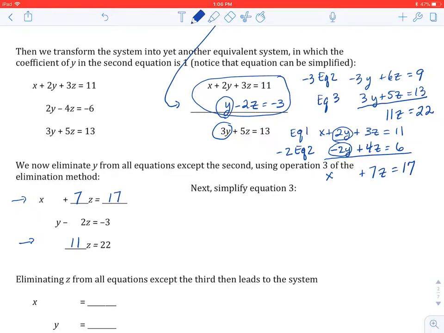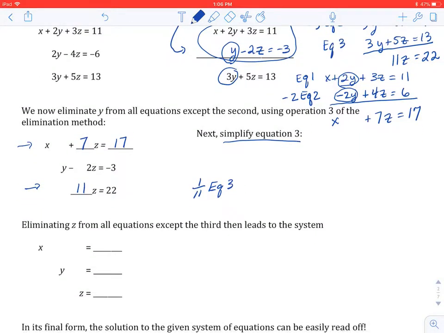Okay, great. Now, each of the 3 equations only has 2 variables in the first, 2 variables in the second, 1 variable in the third, and we can simplify equation 3 just by multiplying by 1 over 11. If we did that, we would have z equals 2.